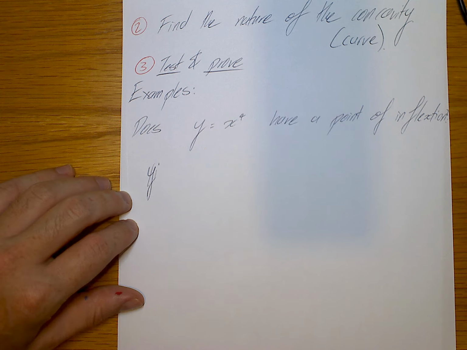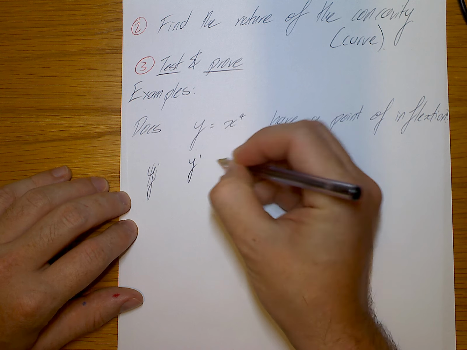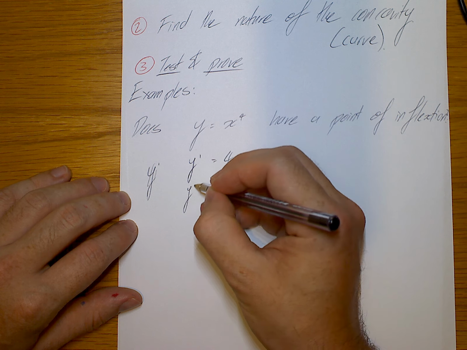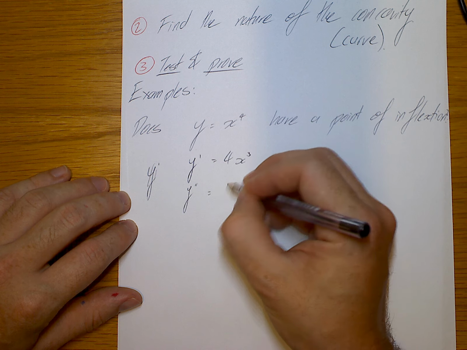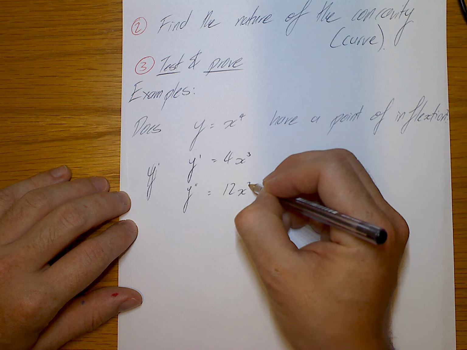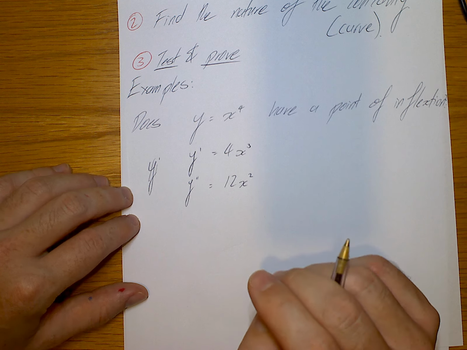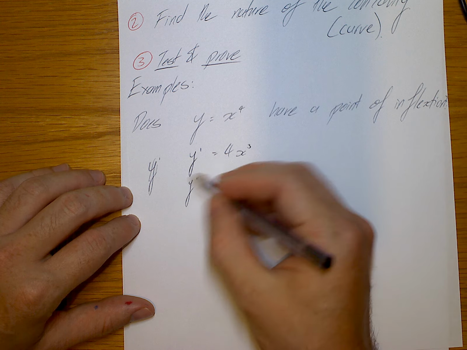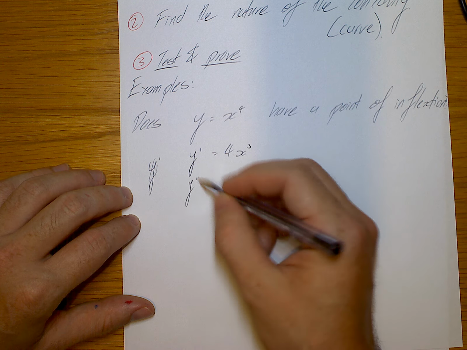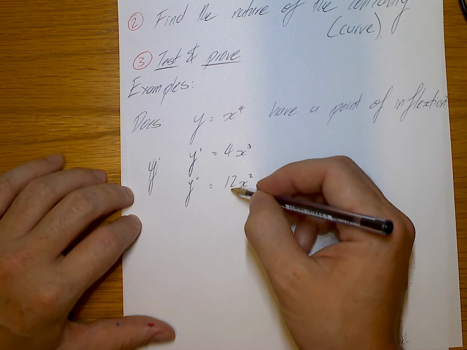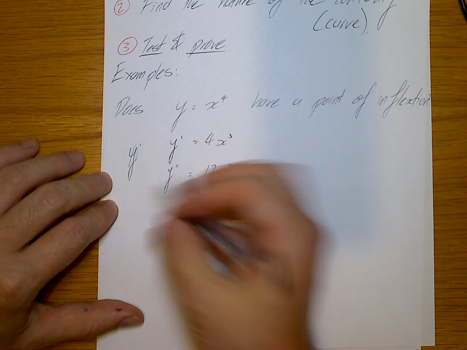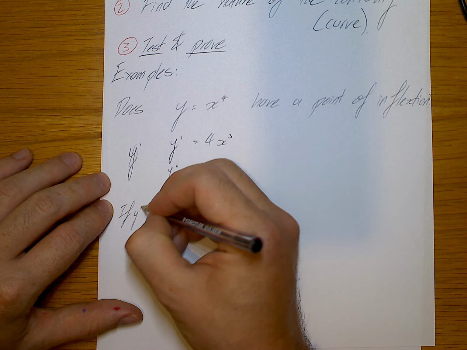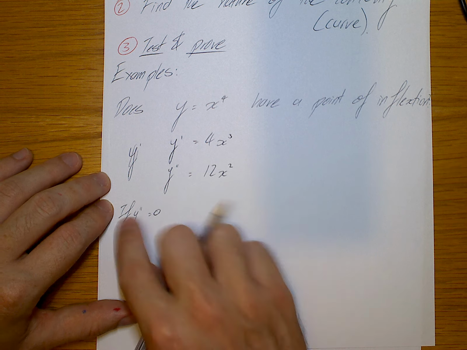Okay, so if we differentiate once, it's going to be 4x to the power of 3. Then f double dash is going to be 12x squared. Now, if we say that this is going to equal 0, we're going to find what x value is compliant. If y dash dash equals 0, then there could be an inflection point.